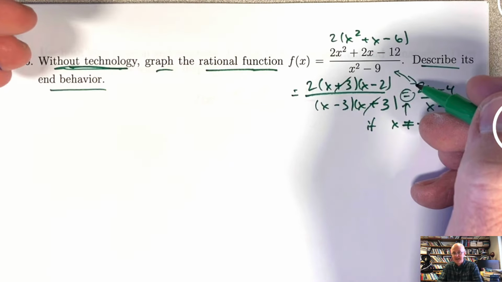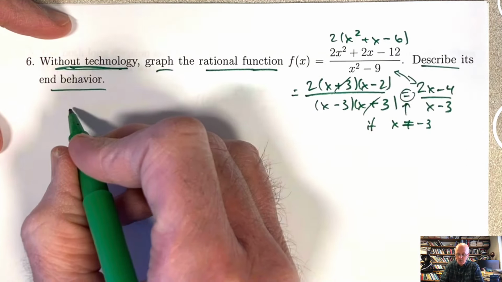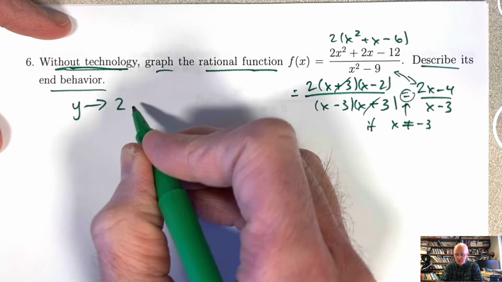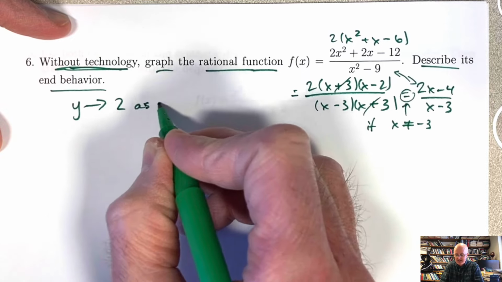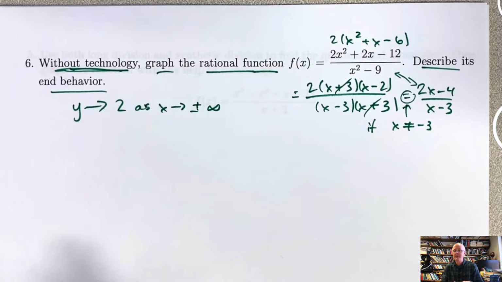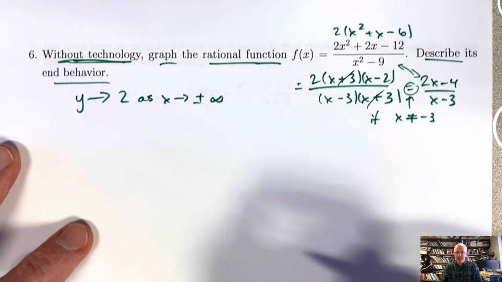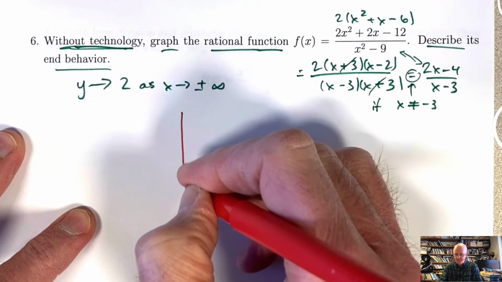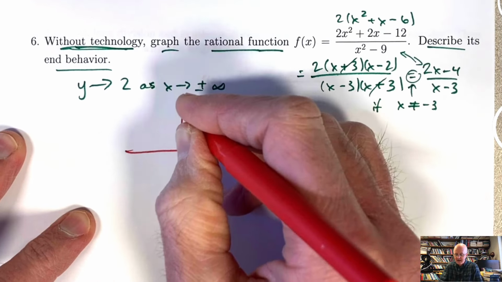And you could say, as far as describing the end behavior, y is going to approach 2 as x approaches plus or minus infinity. We will confirm this with division as well, but let's go ahead and just get a feel for what the graph looks like here before we confirm that.